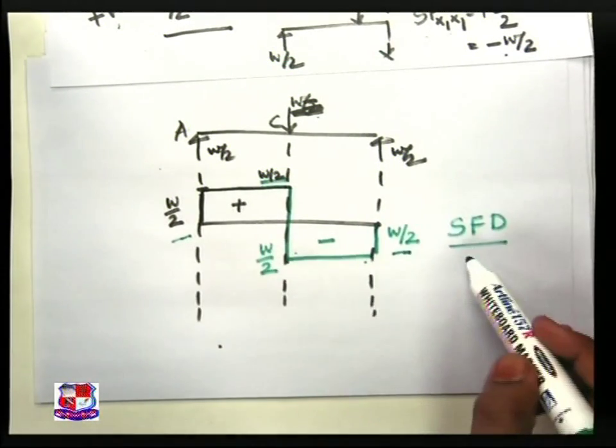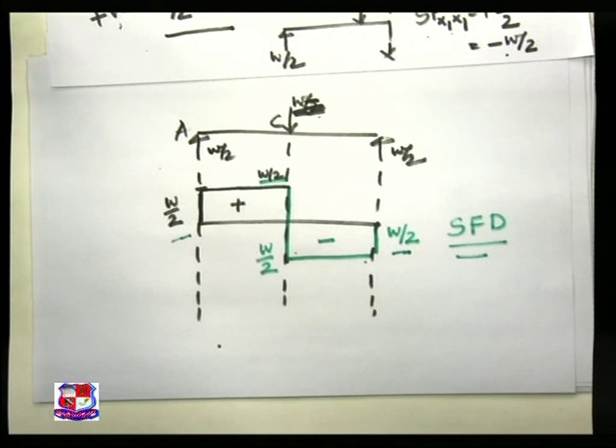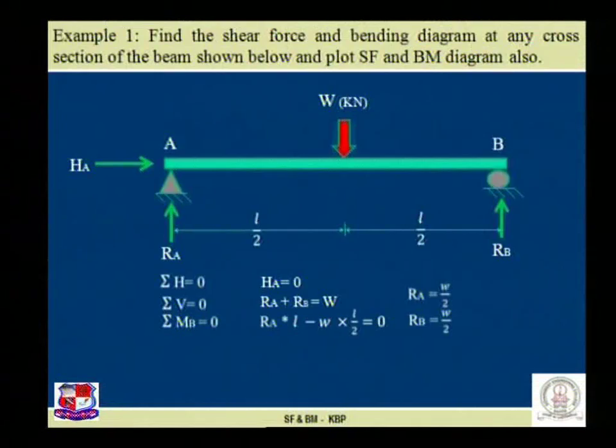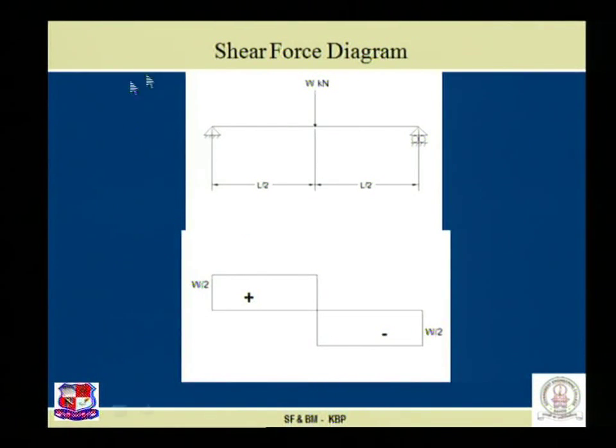So this is our shear force diagram, which has been shown over here. Beam is given to us and the variation of shear force diagram is plotted over here. How it becomes has been explained.